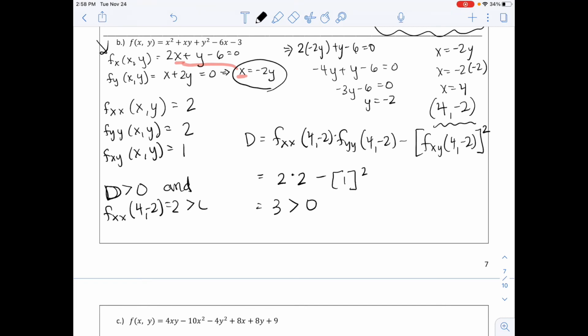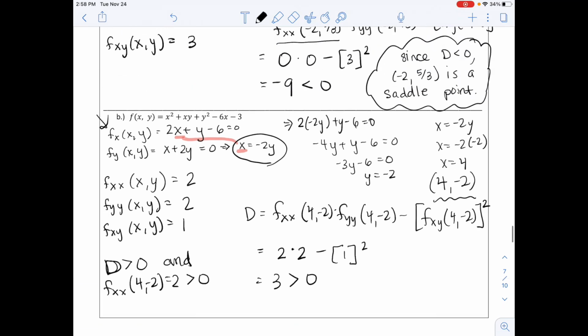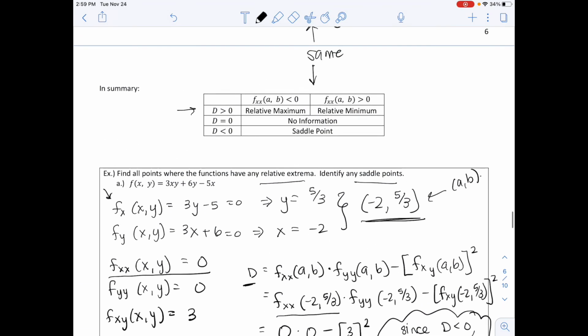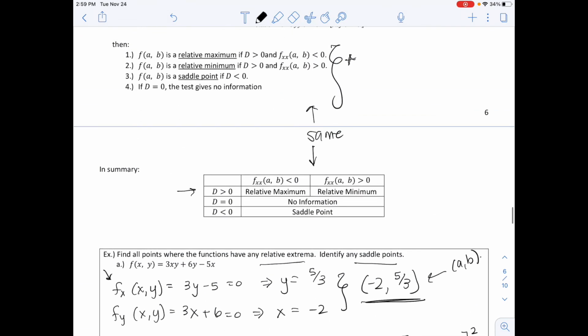And this is greater than 0 also. And since this is greater than 0, we know that we have a relative minimum.